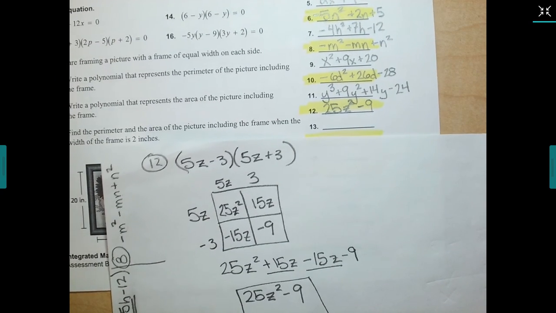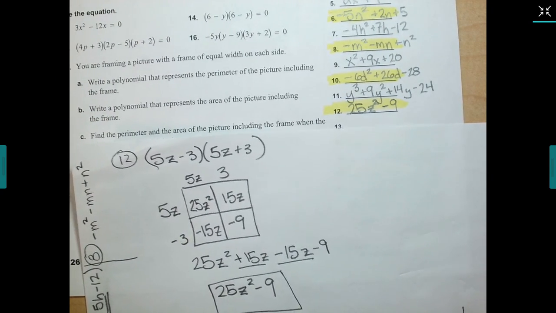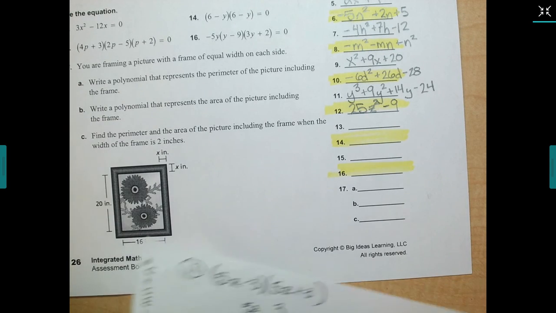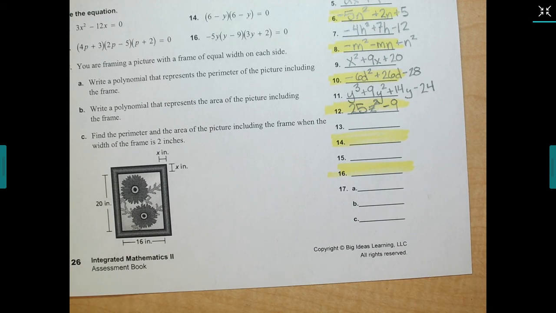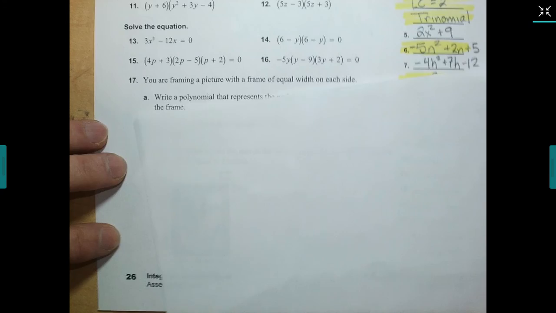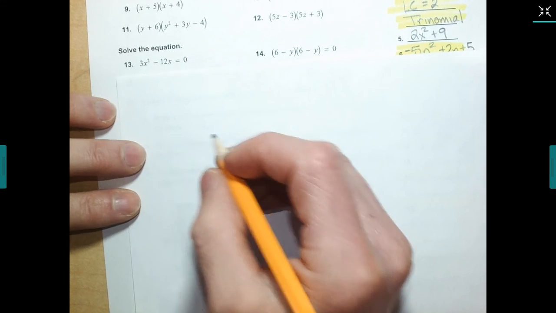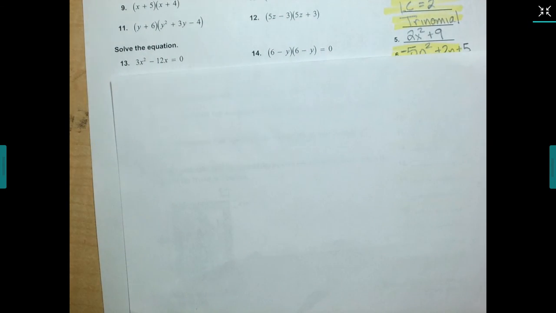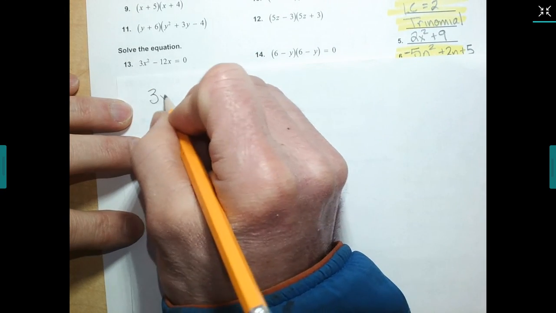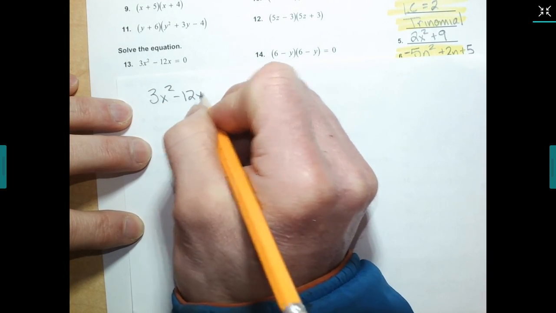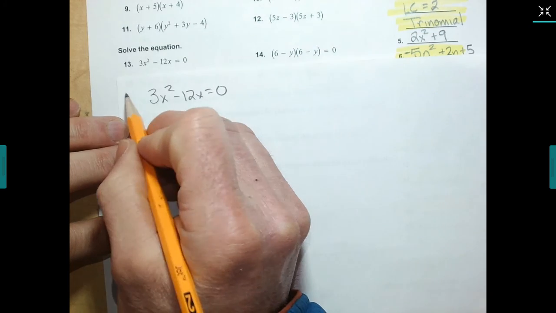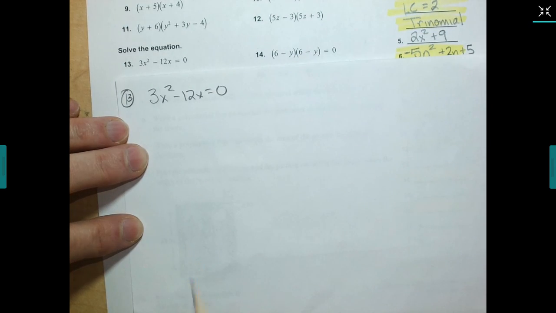All right, 13. Solve the equation. So these are cool because we have to factor and then solve. So if I have 3x squared minus 12x equals 0, my first step is to factor.